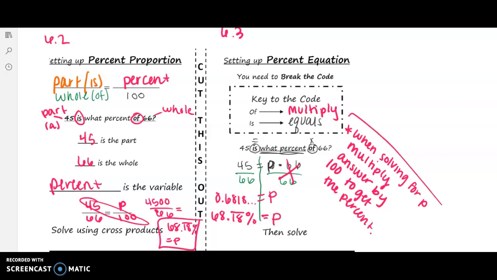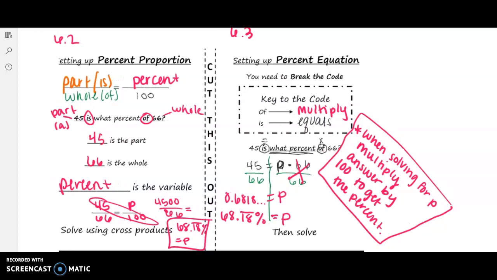I want everybody to write this down. The reason we have to multiply by 100 when using equations is because we're not accounting for the fact that it's out of 100. In our proportions, we account for that by having this 100 at the bottom, so we don't have to multiply our answer by 100.